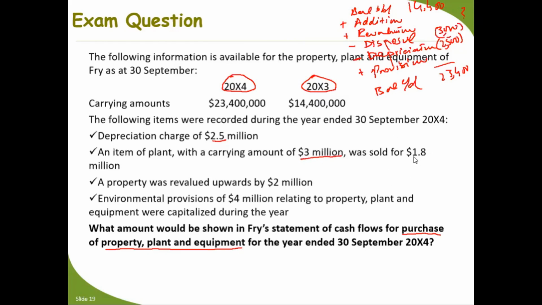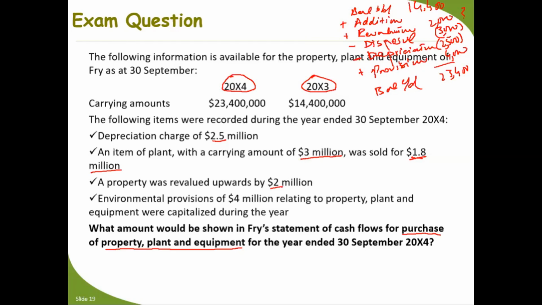Now this sale proceed is not relevant data for us because we are supposed to calculate addition. Then we have revaluation of positive 2 million. Then provision is 4,000. Now once we are doing reversal working, signs will be changed.